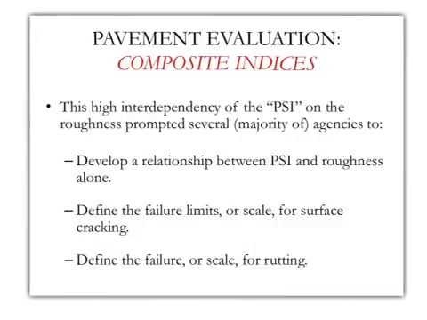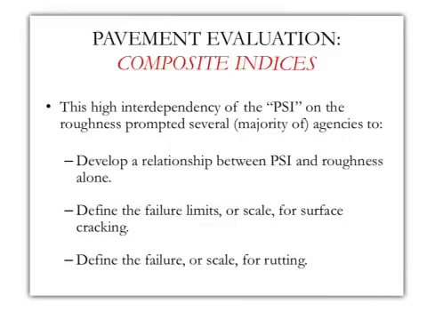By looking at the PSI equation one more time, you would see it's highly dependent on the roughness, basically the slope variance. So agencies now realize that they need to come up with other solutions in case they want to accurately relate other distresses and rutting and patches to the overall performance of the pavement.